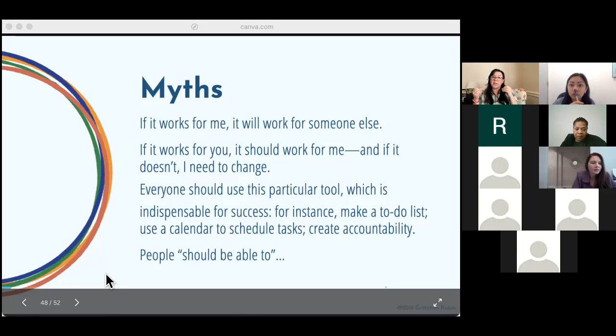Just like there are so many ways to do things, right? How many to-do apps are there out there? How many frameworks for getting things done are there out there? Just because one works for someone doesn't mean it will work for someone else. But everybody in general should be able to find a framework or tool that does help them create better accountability.